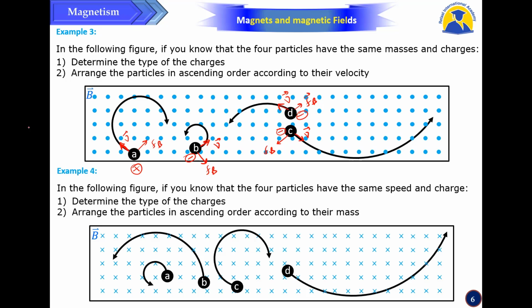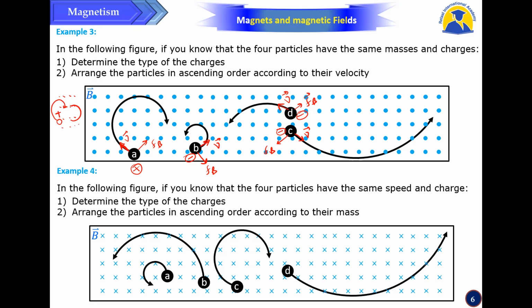So to make it easier, if the direction of magnetic field is positive Z, which means dot, and we have a particle moving inside the magnetic field and the direction of movement is clockwise, the particle carries positive charge.